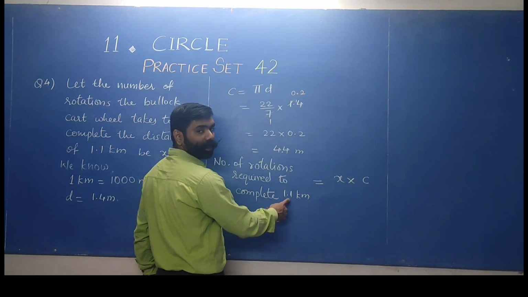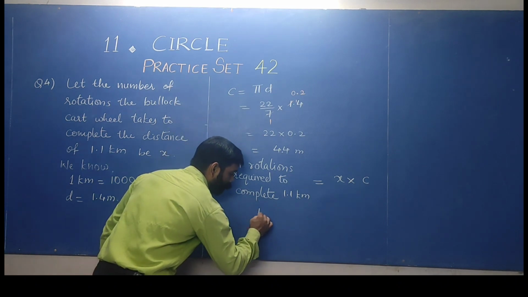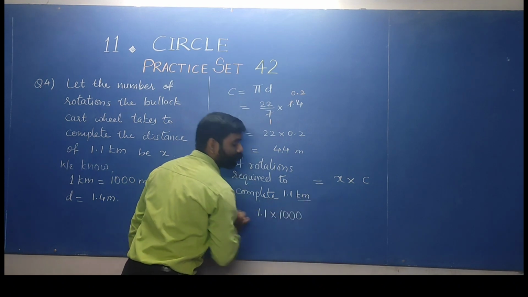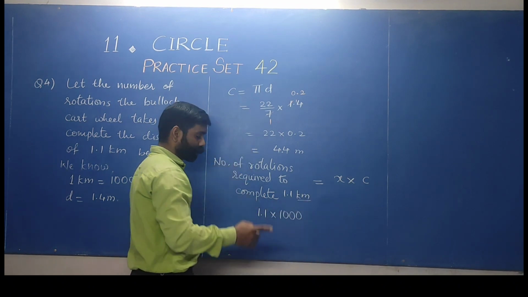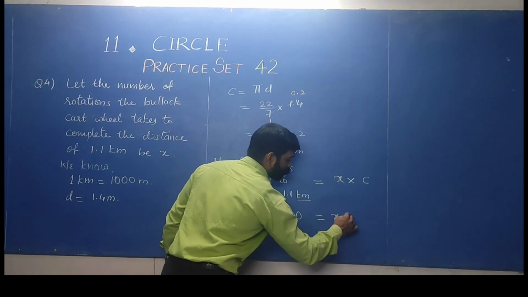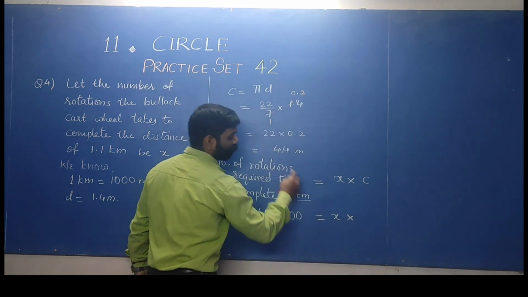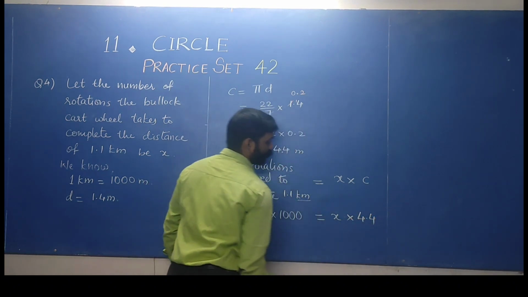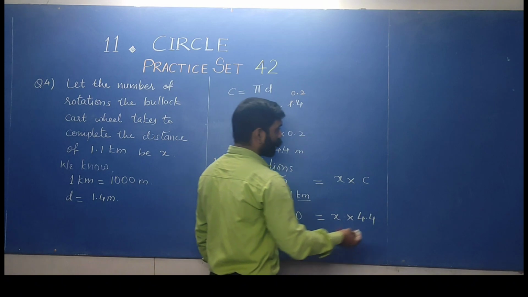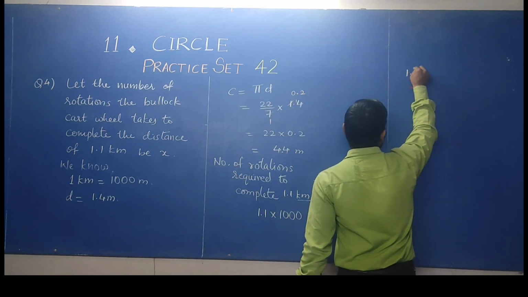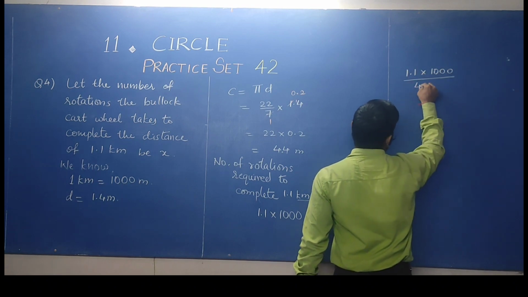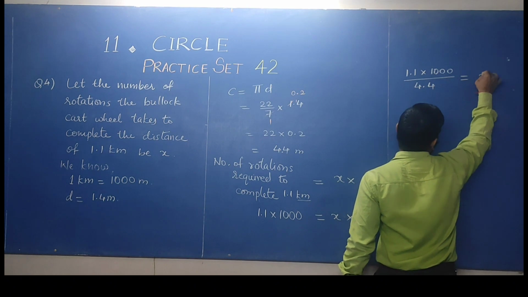Now 1.1 kilometer means 1.1 multiplied by 1000, because the terms are given in kilometers, so we are making it meters. Then only we can get the values. Now the value for circumference is 4.4 meter. I am taking all the terms to the left hand side. So we will get 1.1 multiplied by 1000 upon 4.4 is equal to x.